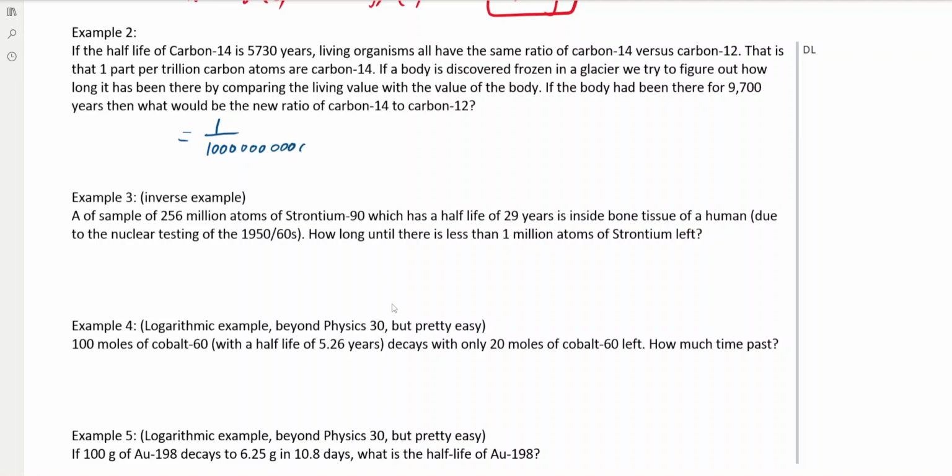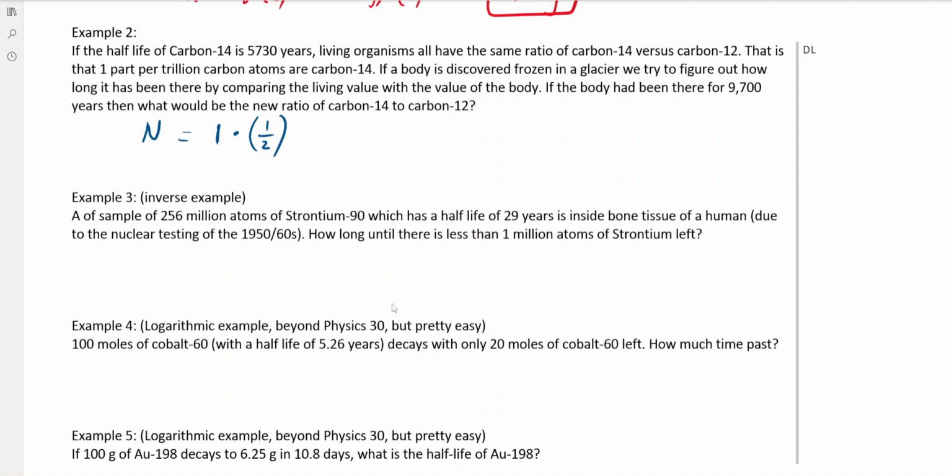So 1 part per trillion. Or actually, no, let's do it differently. Let's just call it 1 part, and see how much percentage of that 1 is left. This will be more straightforward.